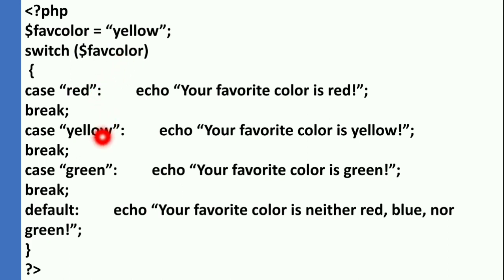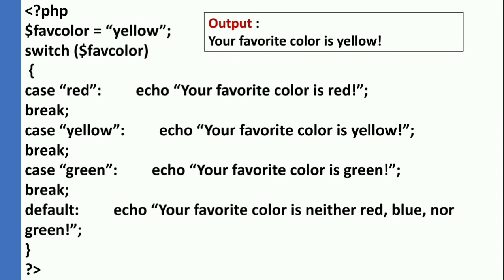Do we have case black? No. In that situation we select default. Now in this program the variable value is yellow, so we select case yellow. Your output will be: your favorite color is yellow. So this is the program. We have multiple choices, but we select only one choice if the condition is satisfied.